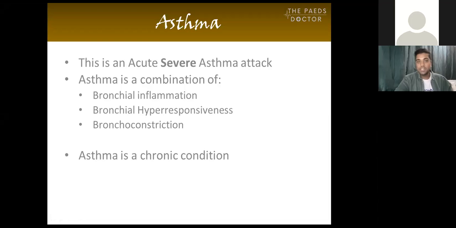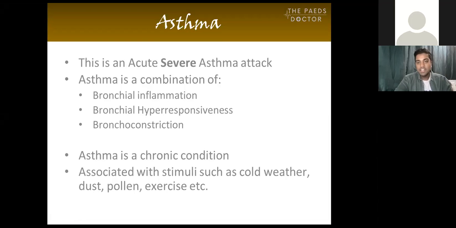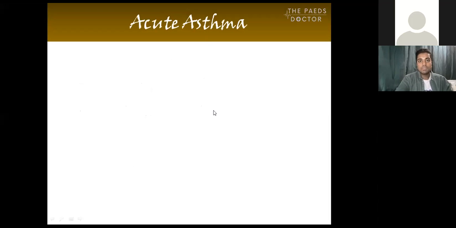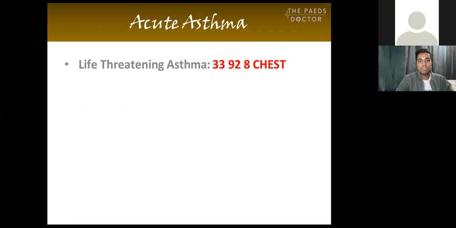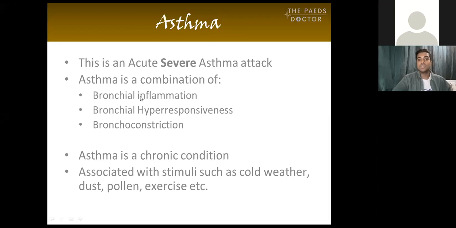Asthma is also a chronic condition associated with stimuli such as cold weather, dust, pollen, exercise, etc. Severity is based on peak expiratory flow of 33 to 50%, an increased heart rate, and being unable to speak in full sentences. Those are the main things we're looking out for, okay?